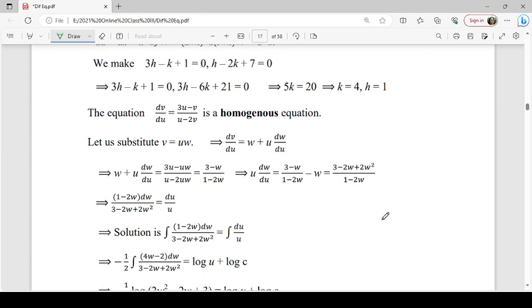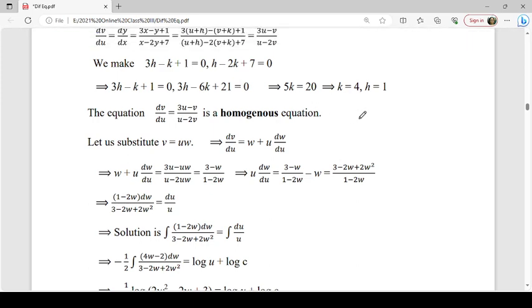And again we write v is equal to u w. Then dv by du is equal to w plus u dw by du. As in the previous case we wrote y is equal to vx, now we write v is equal to u into w.